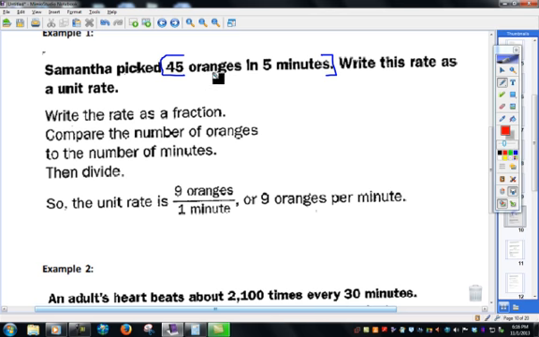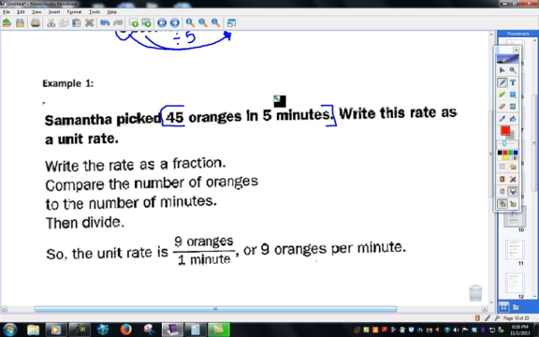It wants this as a unit rate. So there's two ways I could technically do the unit rate. I could figure out how many oranges she picked in 1 minute, or I could figure out the number of minutes it took for one orange. That might seem really weird.